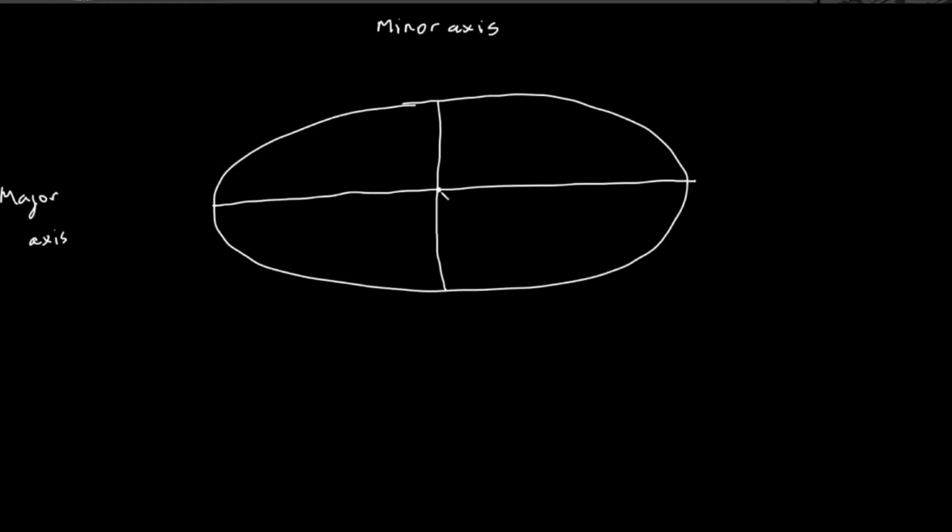So this is the center of the ellipse, and I'm going to assign a few letters. Let's do the major axis first. On the major axis, you have what we call the vertices. Each of these is a vertex, these endpoints of the major axis.